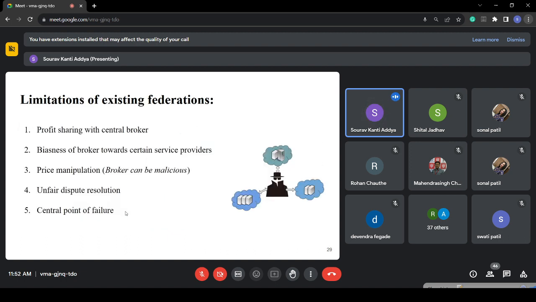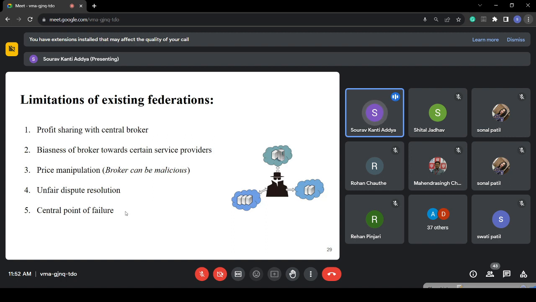But both architectures, the centralized broker and the centralized market, have certain limitations or issues: profit sharing, bias of the broker toward certain service providers, price manipulation, unfair dispute resolution, and central point of failure. Any centralized architecture has these things.